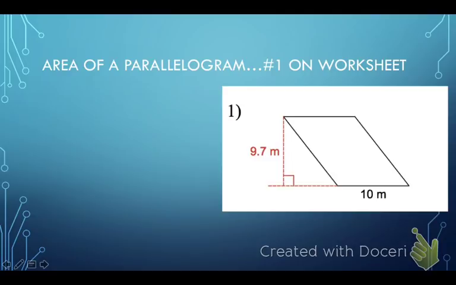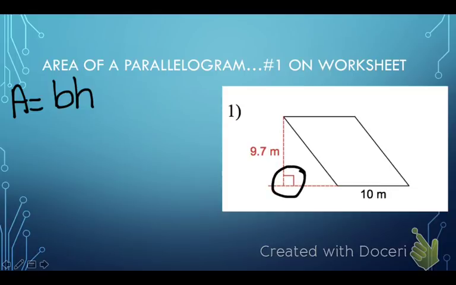If we look at the first example, we're working with a parallelogram, so you need to write A equals BH. Always write down the formula for everything. There are only two measurements here, which makes this easier. However, I want to talk about what's the base and what's the height. Right here we see a right angle.